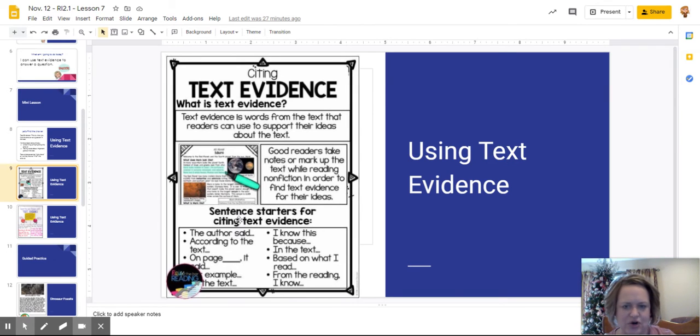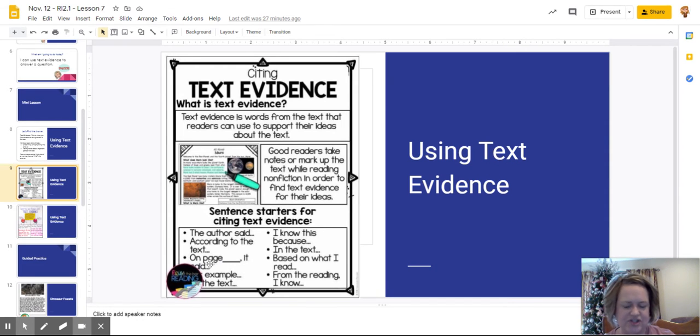Some sentence starters for citing text evidence could be, the author said, and then you write the answer that you found. This one I think a lot of kids have used in the past, and it is according to the text, it said, and then you tell me what it said. Or you could use this one that says, in the text, it said, and then you write what it said in the text.